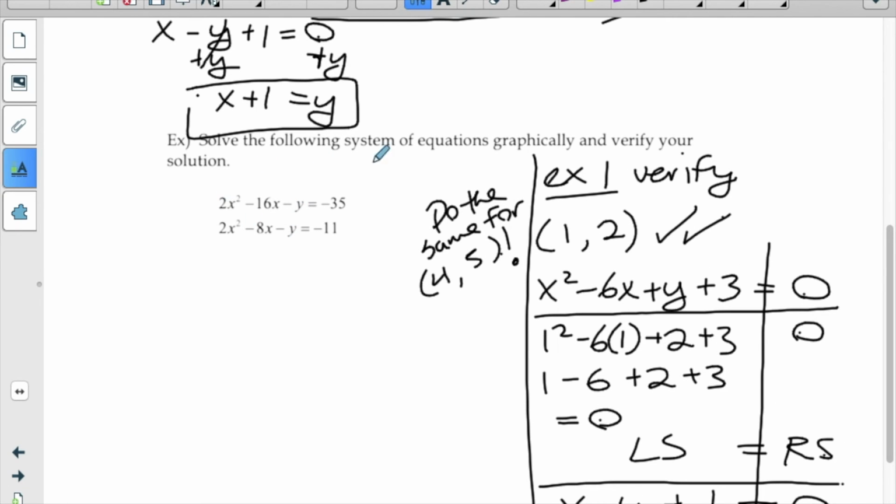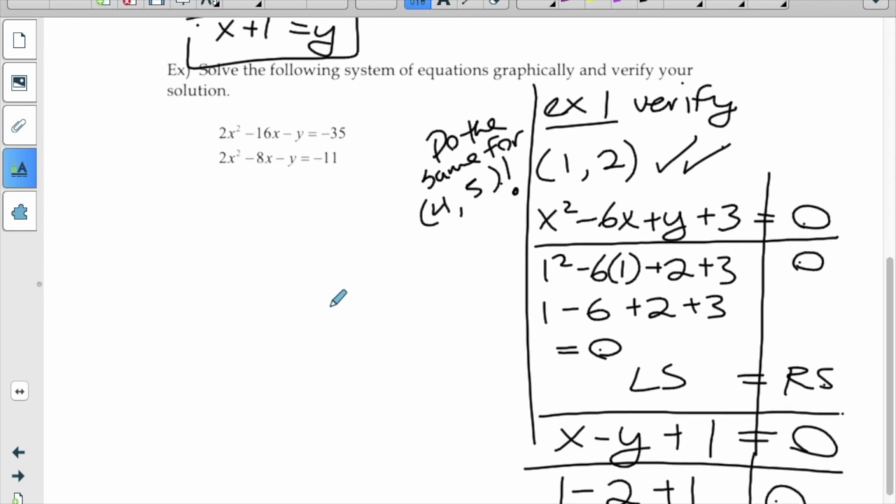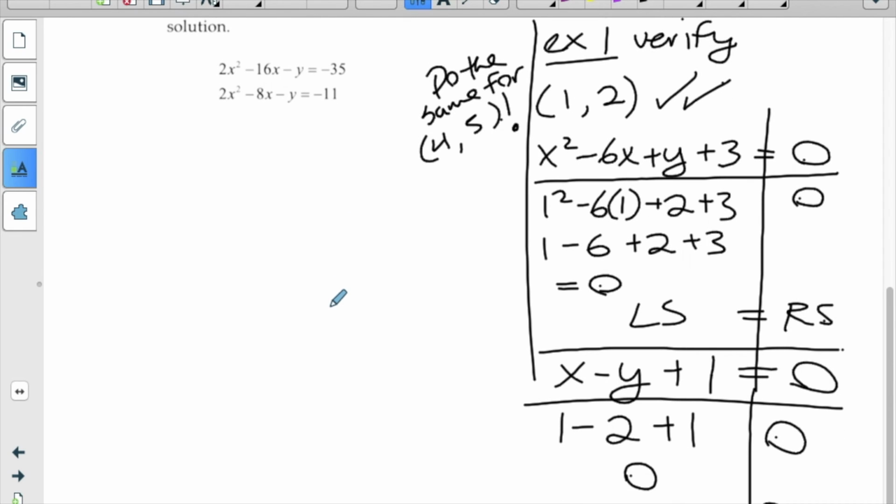Solve the following system of equations graphically and verify your solution. So here again, we got to isolate y in each equation. So we got 2x squared minus 16x minus y equals negative 35. I think what I'll do is I'll add y to both sides, so I get the y over here.